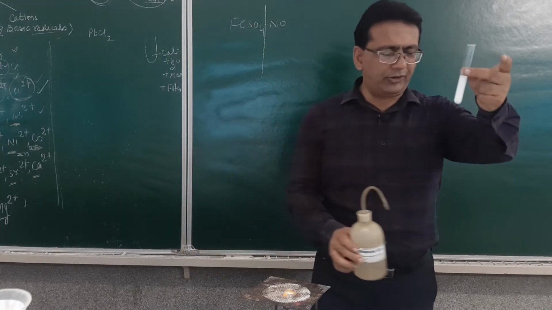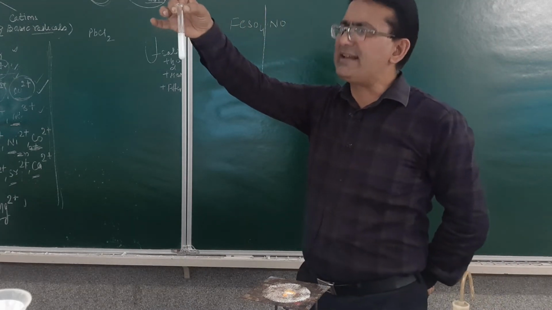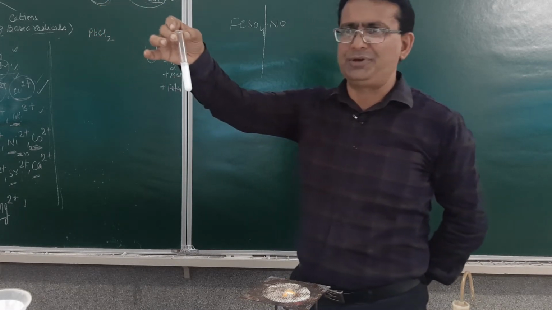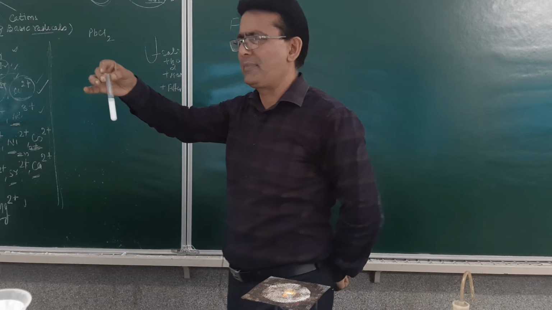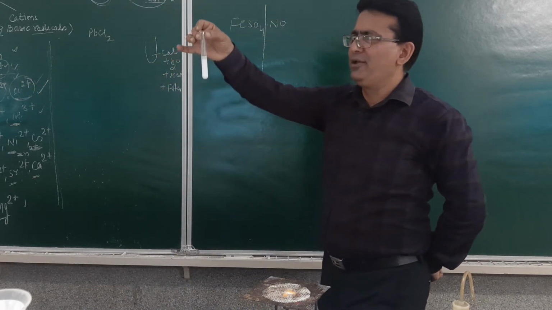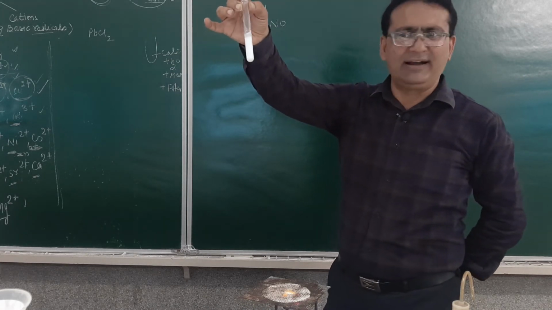Is white coloration or white precipitate obtained over here? Yes. I expect all of you know the difference between a precipitate and a clear solution. I hope you must be knowing. So you can see over here, the precipitates are settling.